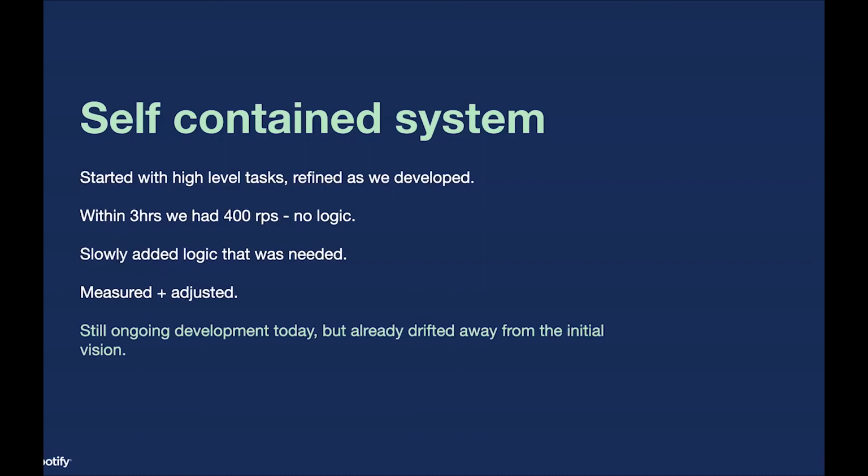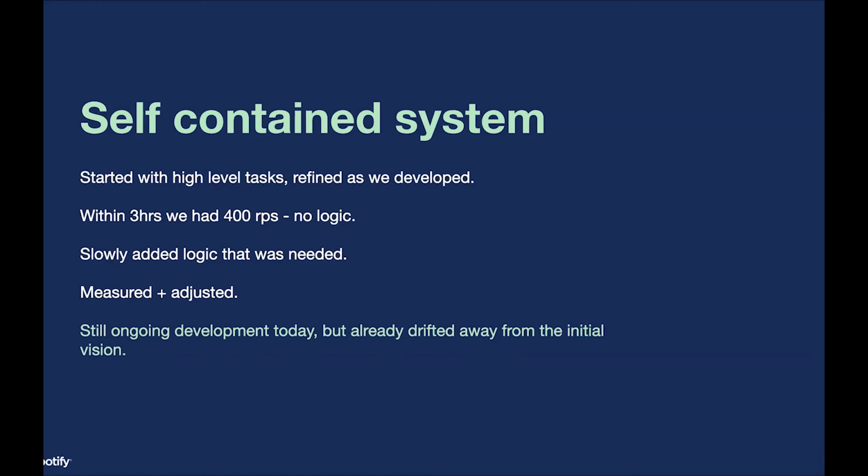So what happened was we then started with formulating high-level tasks. Like, okay, the system should have a database, the system should be integrated into our emailing service, tasks on this level, not really low-level tasks.